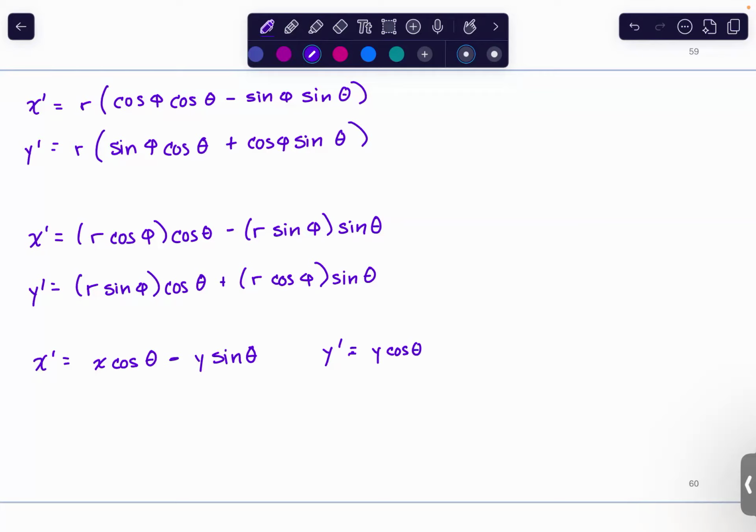I want to flip this because I want my x and y to be on the same side of the equation for certain reasons: x sine of theta plus y cosine of theta.